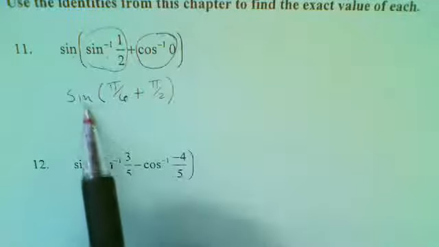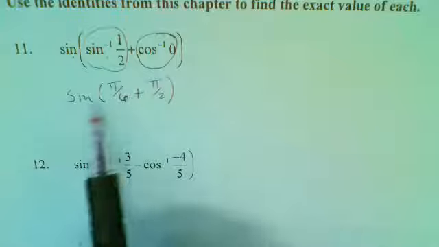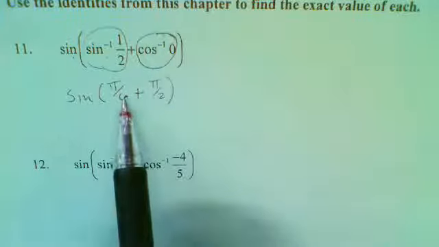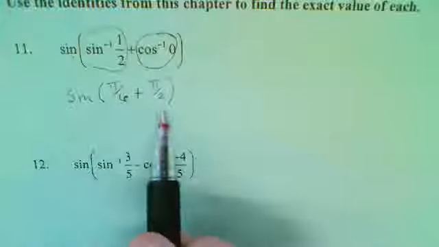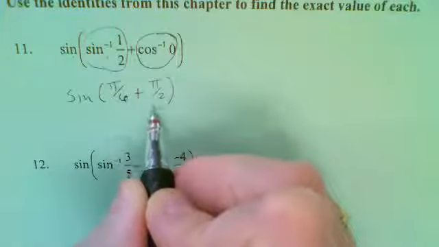Now, you could use your trig sum and difference formula and take the sine of pi over 6, the sine of the first times the cosine of the second, plus the cosine of the first times the sine of the second. But because I know both these angles, I also can say that this pi over 2 is 3 pi over 6.